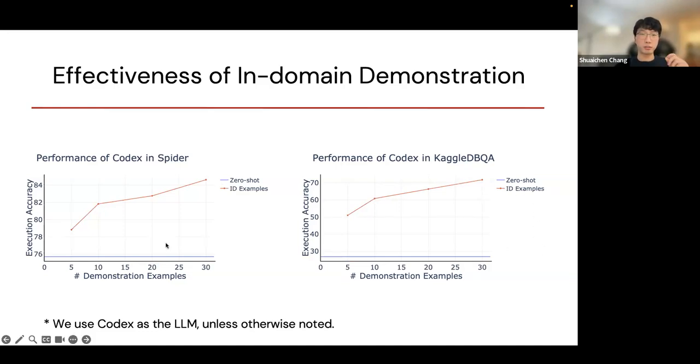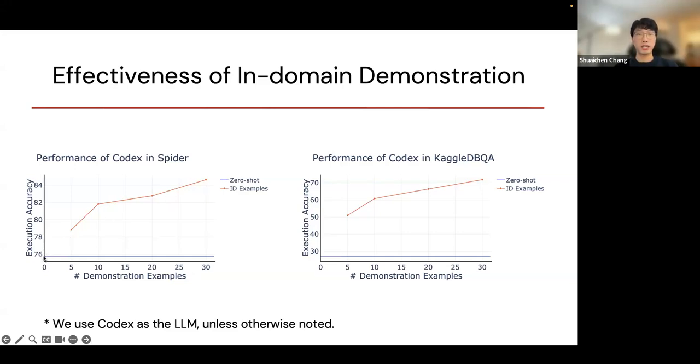But before we understand cross-domain, we want to understand what's the magic part in the in-domain demonstration. This is what we found on the Spider dataset, the same as what we talked about before. There's another dataset called KaggleDBQA, which also has cross-domain text-to-SQL data, but has a little bit more challenge than the Spider data.